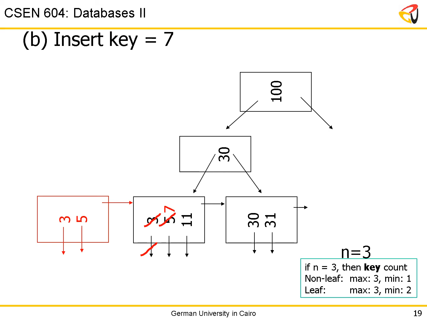So going back to our example, we started with trying to insert 7, and we reached the node that had 3, 5, and 11. I could have moved the 11 to the right side and inserted the 7 there, but this does not favor creating new nodes.